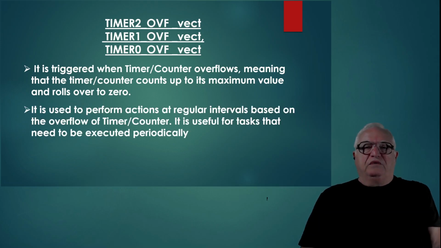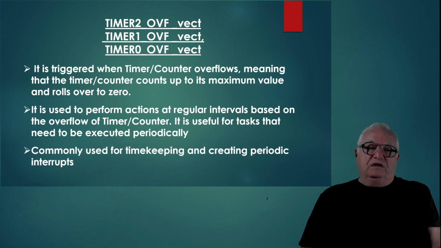It is used to perform actions at regular intervals based on overflow of the timer counter. It is useful for tasks that need to execute periodically. Common use is for timekeeping and creating periodic interrupts.